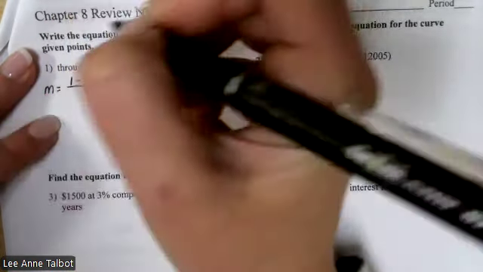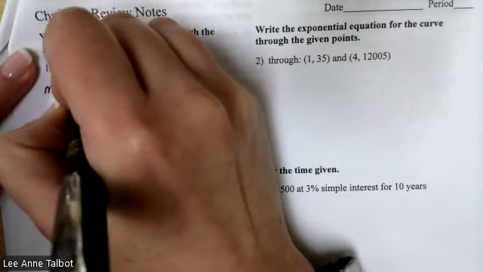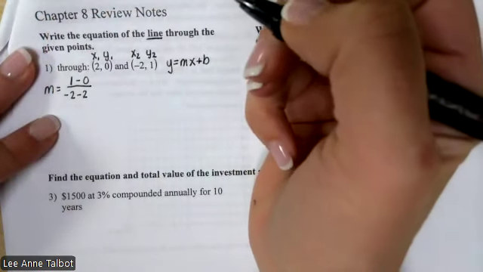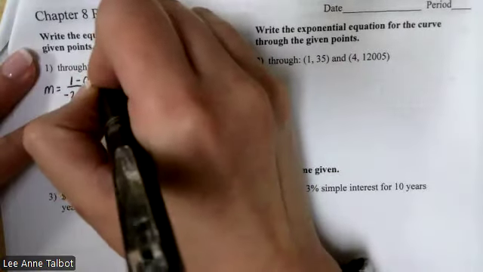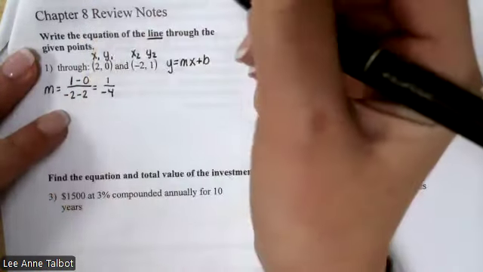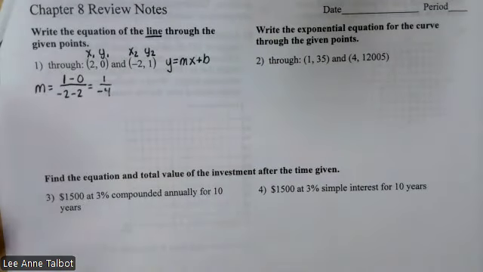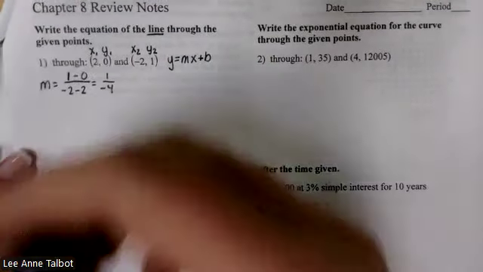Y2 minus y1 over x2 minus x1. Negative 1/4. Yikes. Kind of a spicy slope.